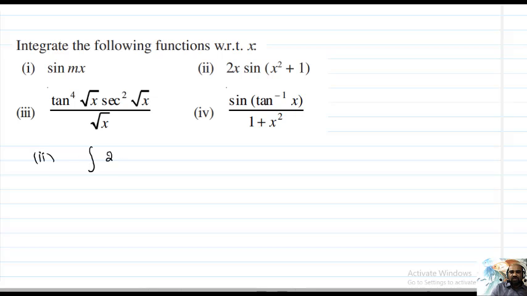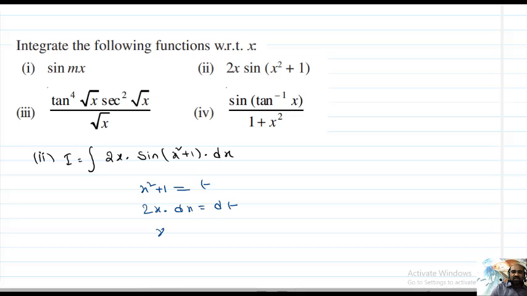Integral of 2x sin of x square plus 1 dx. Let it be I. Okay students, now x square plus 1 is taken as t. 2x dx can be written as dt.